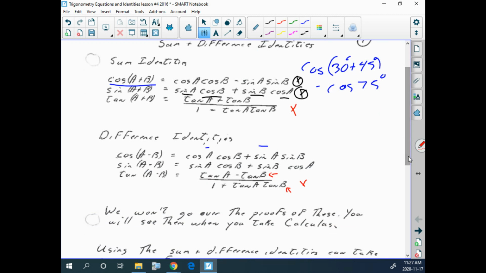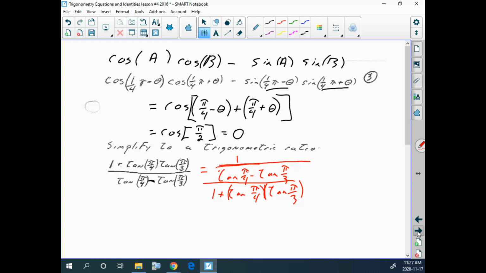That's this guy here. Okay, so I can replace everything I have in there with tangent of A minus B. A is pi over 4, and our B is pi over 3.